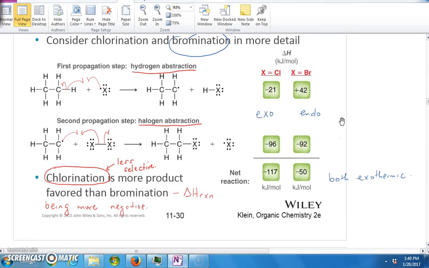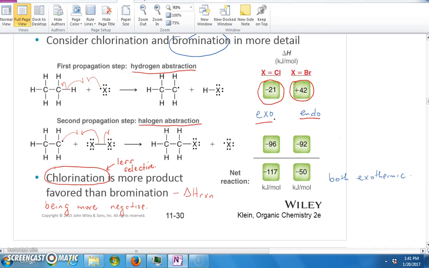In the case of the first propagation step, which is the hydrogen abstraction, notice that it is spontaneous for chlorine, but non-spontaneous for bromine. It doesn't happen right away. So essentially, it is endothermic for bromine, but exothermic for chlorine. And so the chlorine way is, of course, more reactive in that first step, but the bromine is less reactive.